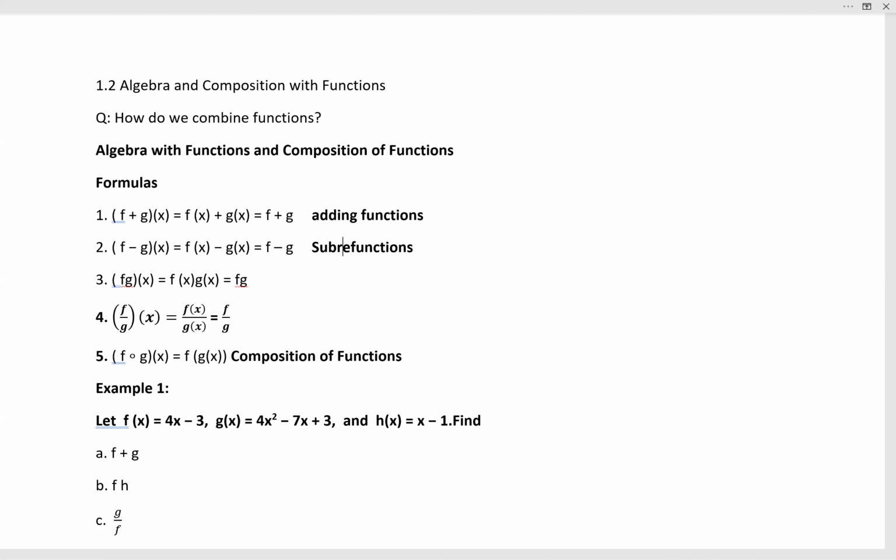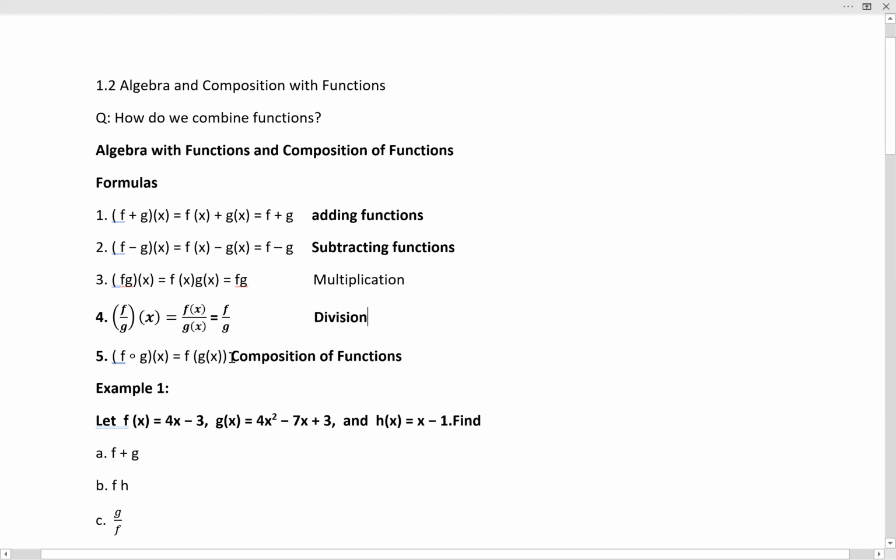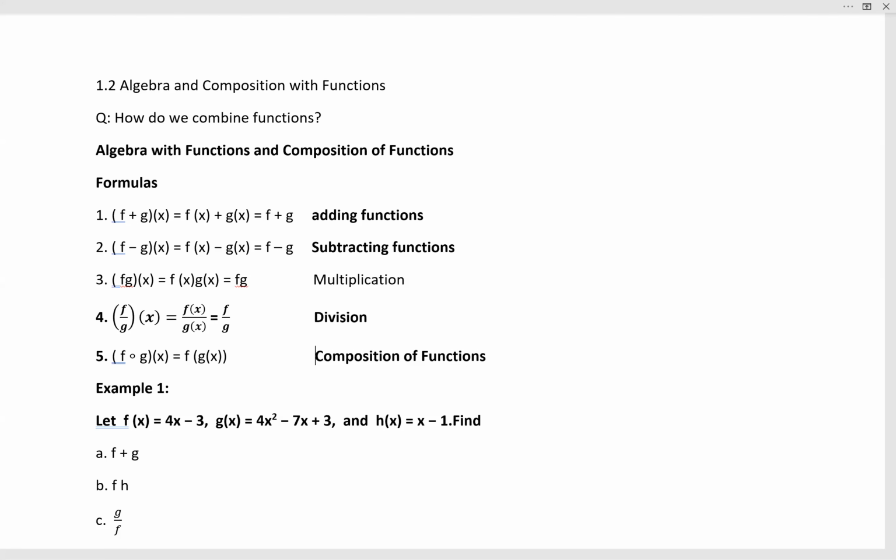We're going to have subtracting functions, and then the next one is multiplication. And then the fourth one is division. And the last one of 5 is composition of function.